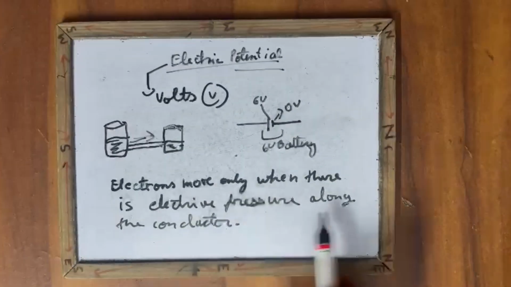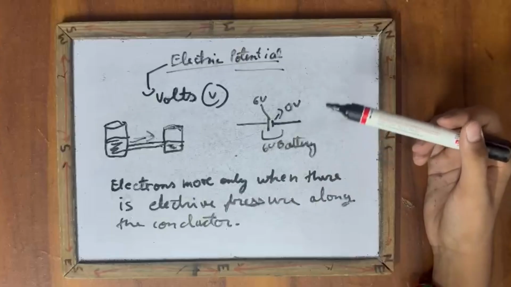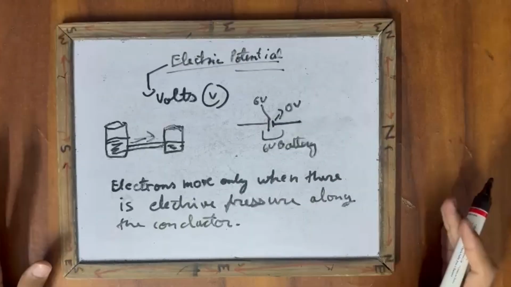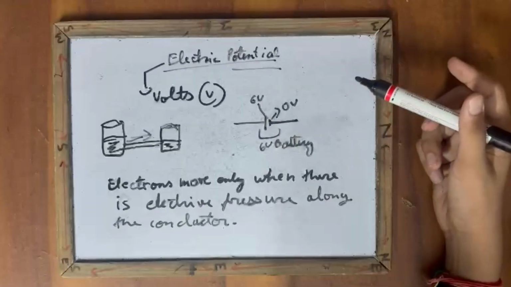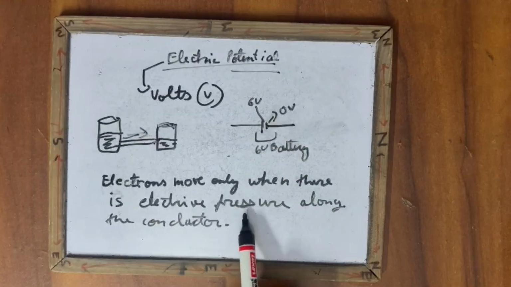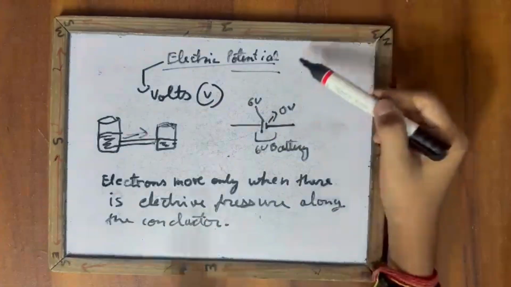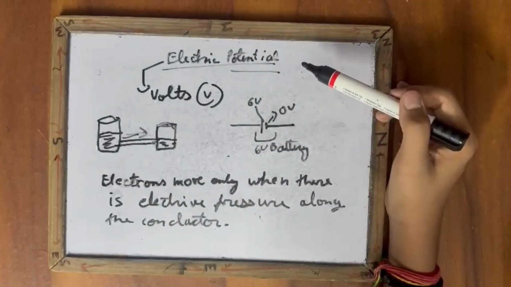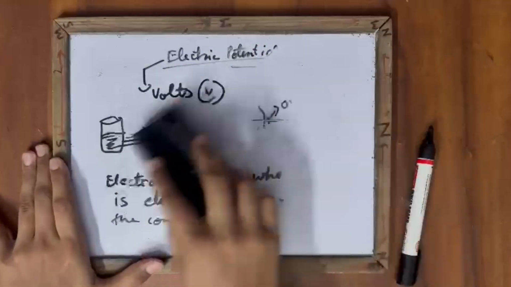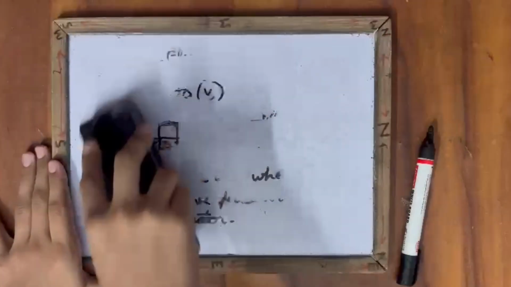Now what is written here: electrons may move only when there is electric pressure along the conductor. It is the same thing that I told you, so don't get confused with electric pressure. It is the other name of potential difference or electric potential. Now let's study this.